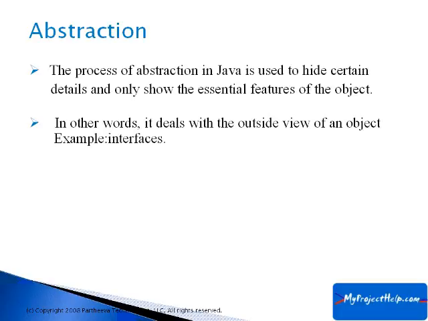In that it has different methods, but in an interface we do not provide any functionality, the real functionality for that car. We just define, or we just give the specification of a method and we just leave it.